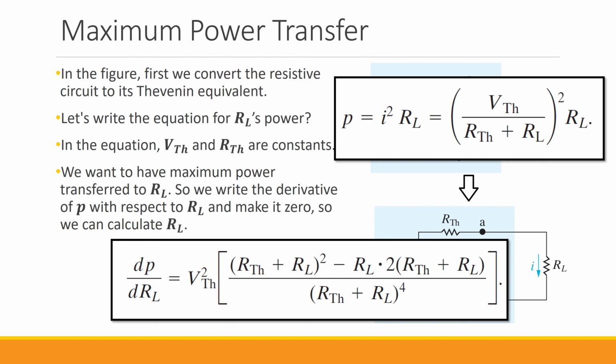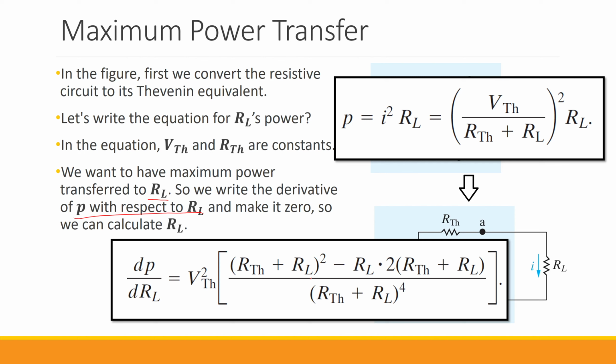So now we want to have maximum power transferred to RL. So that is the requirement. To get that, we write the derivative of the power with respect to RL and make it equal to 0. So we can calculate RL in terms of RTH and possibly VTH.